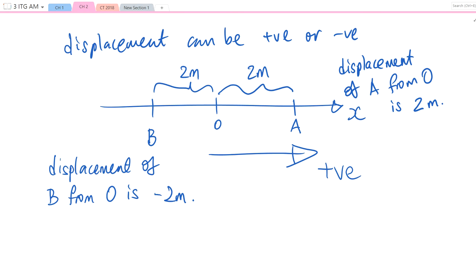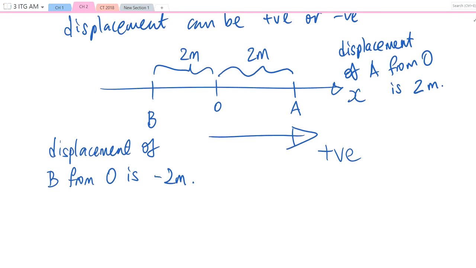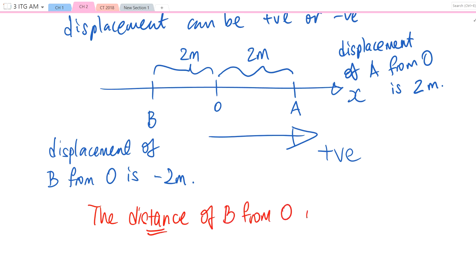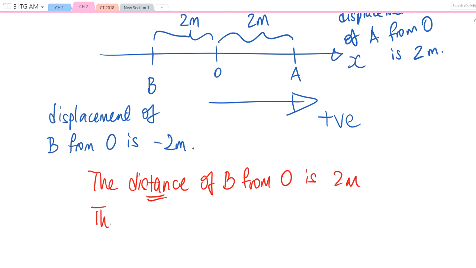However, in both cases, we can say that the distance of B from O is 2 meters. We also say that the distance of A from O is also 2 meters.